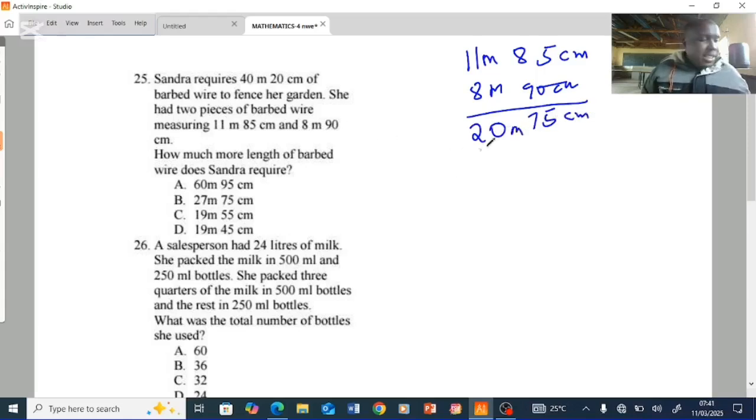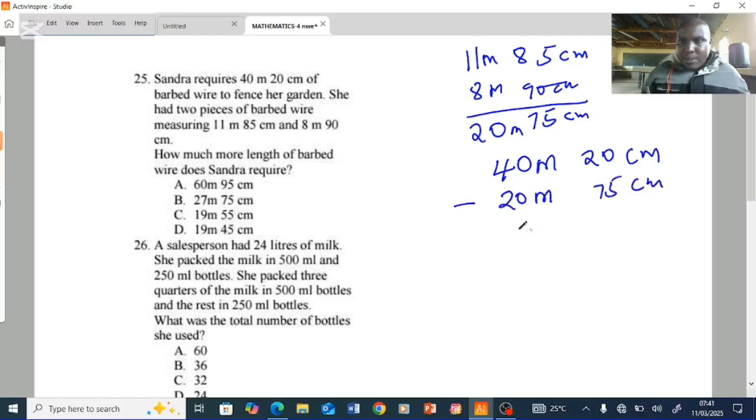Now let's see the balance. How much does she need? So the total required is 40 meters, 20 centimeters. Let's subtract 20 meters and 75 centimeters. Now we cannot subtract 75 from 20.